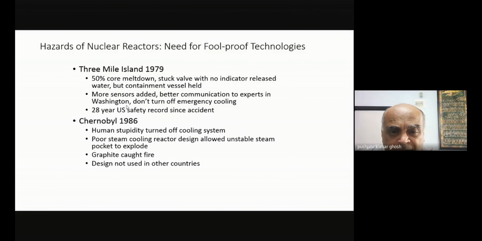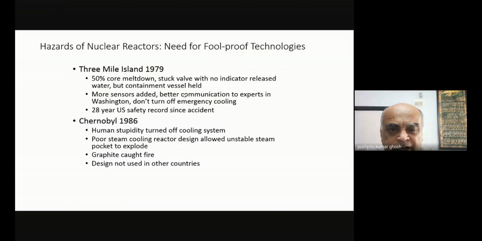They said, "Don't come anywhere near this." And then later on, I found out that the Three Mile Island accident actually took place at that time. But what it did was that there was a 50% meltdown of the core. You've seen that vessel and everything.